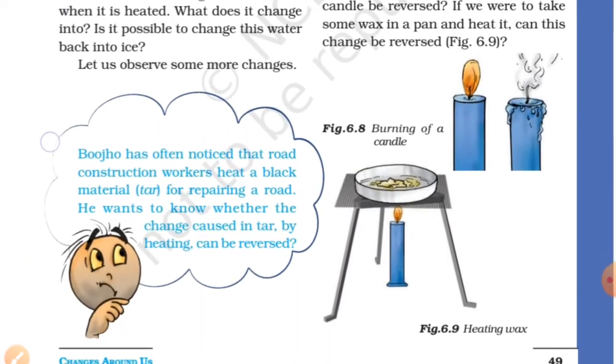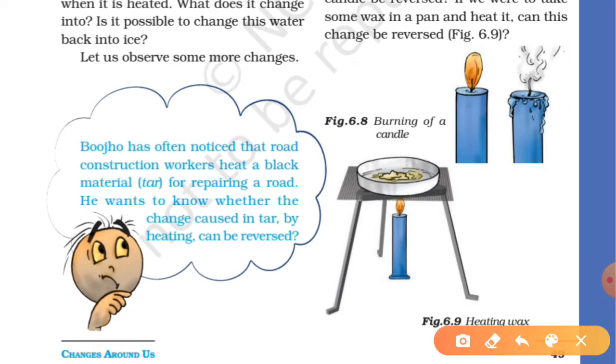Then here also there is one more: reversible and irreversible change, burning of a candle and melting of a candle. When the candle melts, the wax comes out. We can reverse this change.